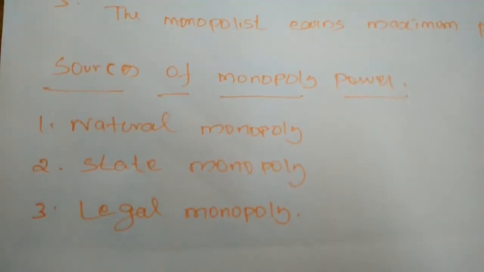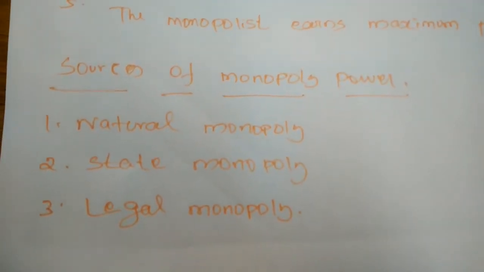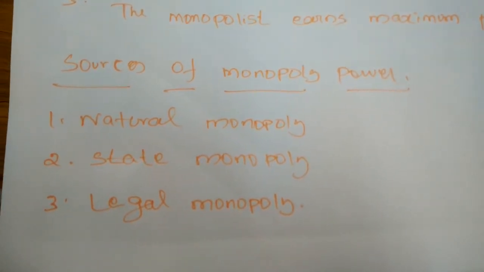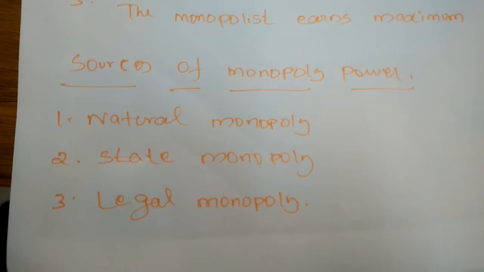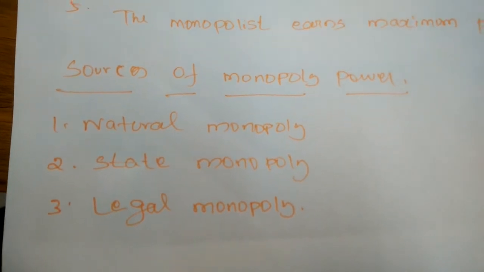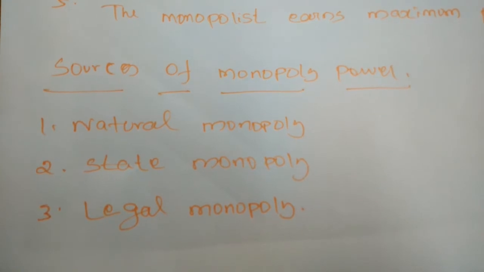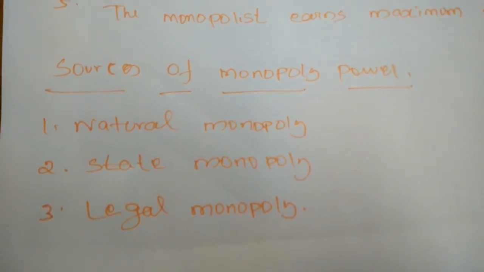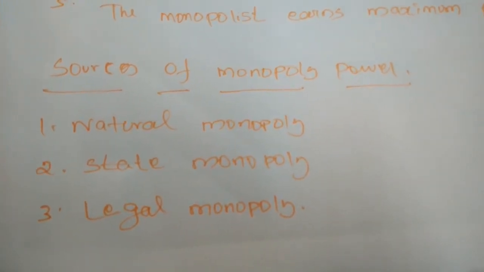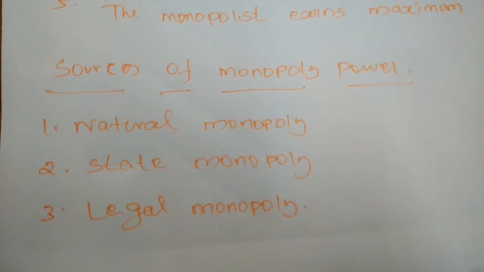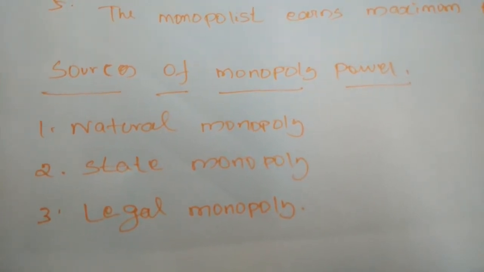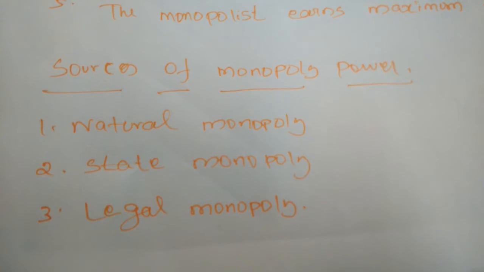For example, gold mines. If you take South Africa, South Africa has many natural resources, the gold mines. So at low rates, it can produce and export, and it will become a monopolist. But it only has the rights to take the raw materials of gold.